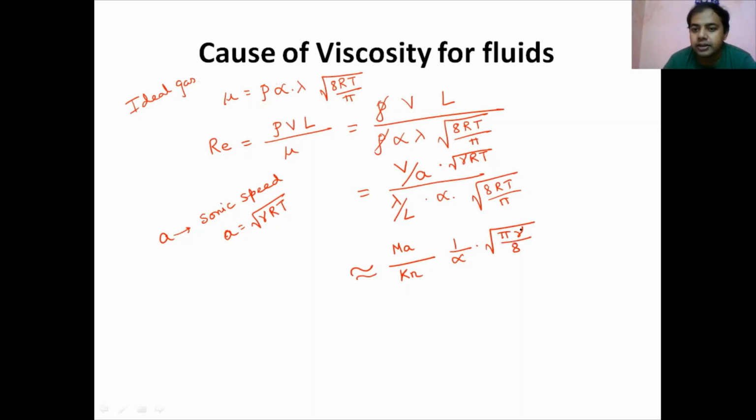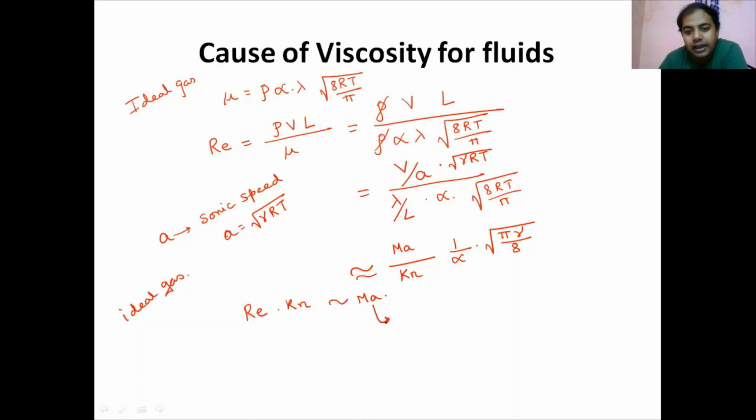Pi is a constant, gamma is a constant, and this whole term is a constant. So the Reynolds number into the Knudsen number is equal to the Mach number for the ideal gas.